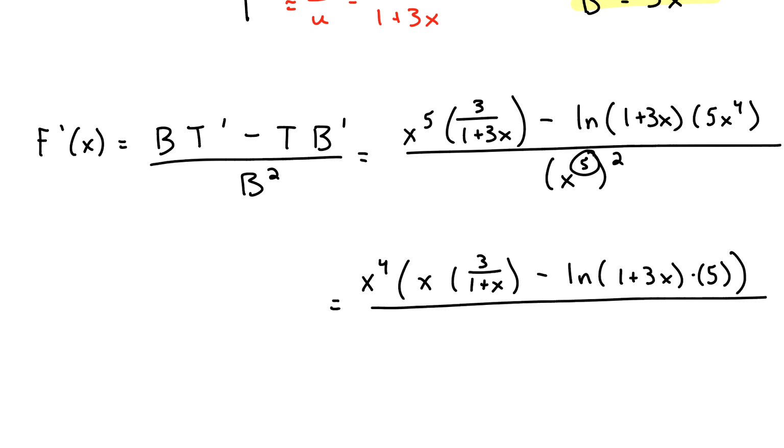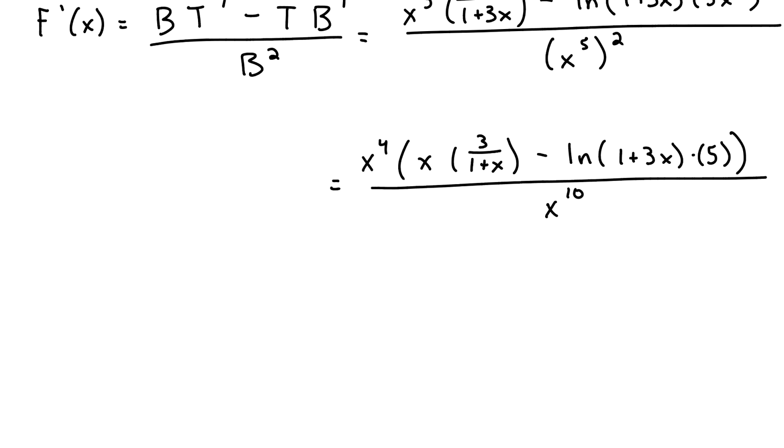When I have a power raised to a power, we'll multiply those two powers. So here in this problem, we'll have x to the 10th power. I would, at this point, cancel some powers of x. So here I can cancel x to the fourth from both my numerator and my denominator. So let's go ahead and do that.